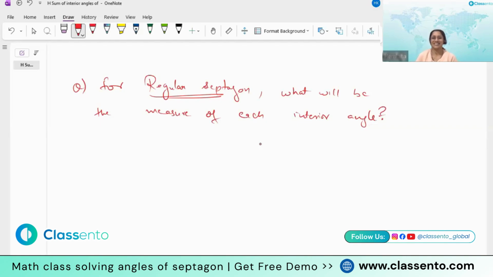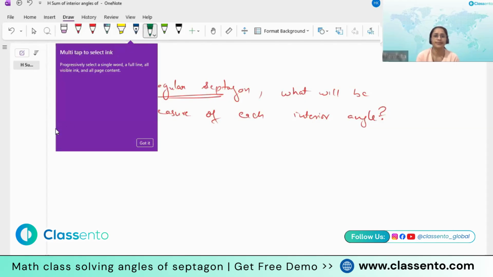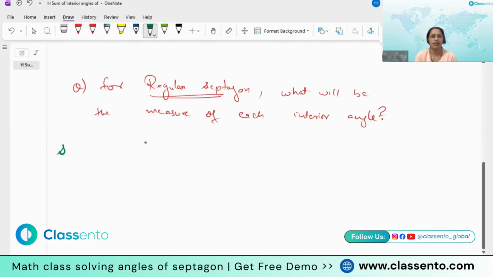Okay, so have it. Is each interior angle equal to 360? Okay, let me check if Ishan is correct, let's solve it. See, Ishan, because it is a regular septagon, no?